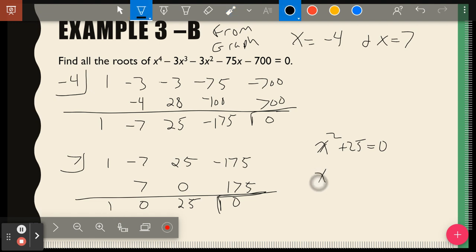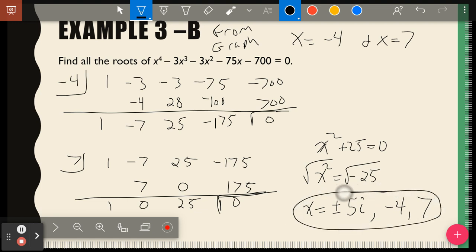And then I would just subtract 25 from both sides, take the square root, and you get x equals plus or minus 5i. Don't forget you already had negative 4 and 7. So 2 real, 2 imaginary, and those are your answers.